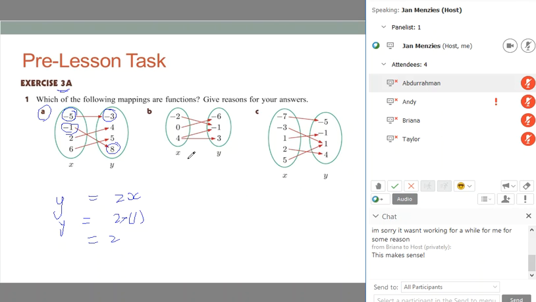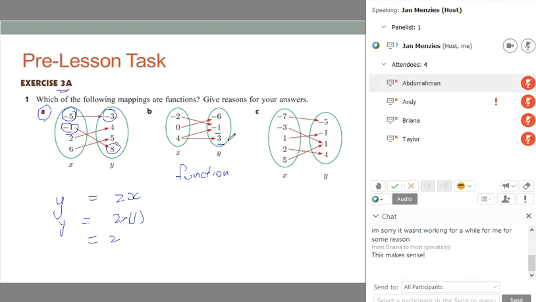So in B, x when it's 4 can have the answer of -1 or the answer of 3. They are different answers. That's okay.